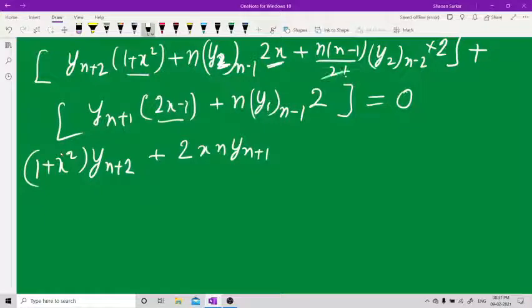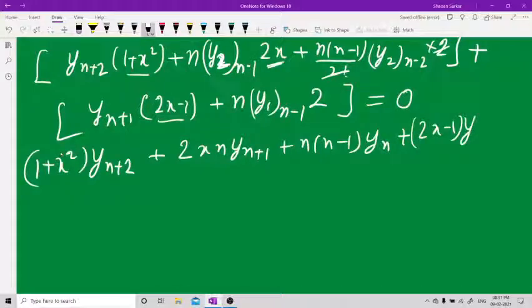Then this 2 will cancel out with this 2, you will have n(n − 1) y(n). Now this one plus (2x − 1) y(n+1). Then you have this one, plus 2n y(n), and this is equal to 0.